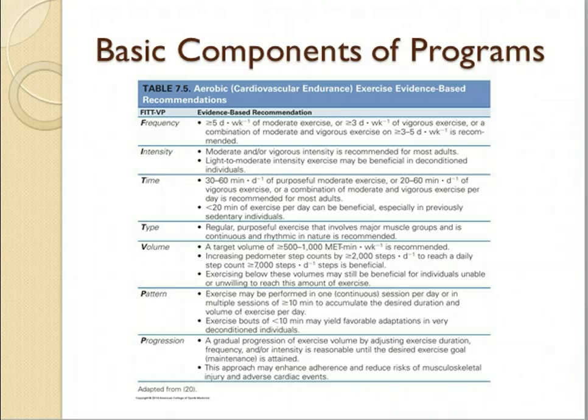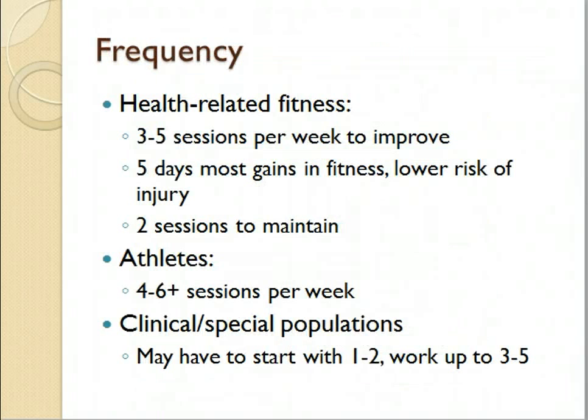Now they've added some additional components: volume, pattern, and progression. So we'll talk about these individual components and what exactly they mean. But this is out of the guidelines, so this is just for aerobic conditioning. Resistance training and flexibility are going to be different from this. So definitely commit this table to memory.